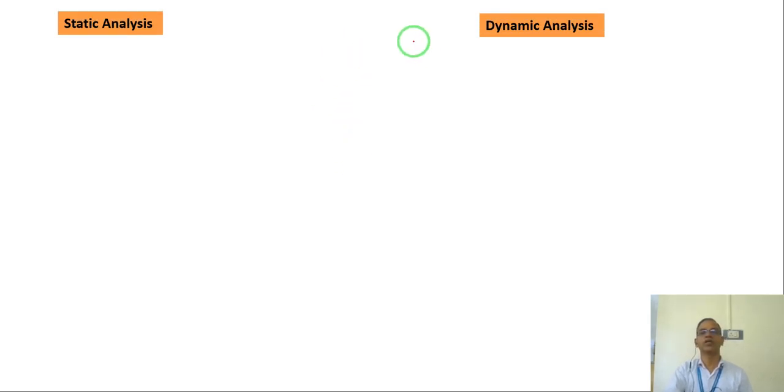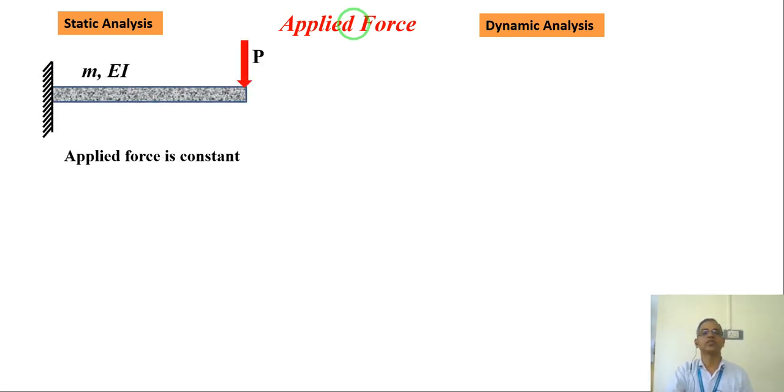Now, if you look at the analysis types, we discussed static analysis, and there is something called dynamic analysis. As far as the applied force is concerned, how do I separate a static analysis from a dynamic analysis? For a static analysis, the applied load is constant.